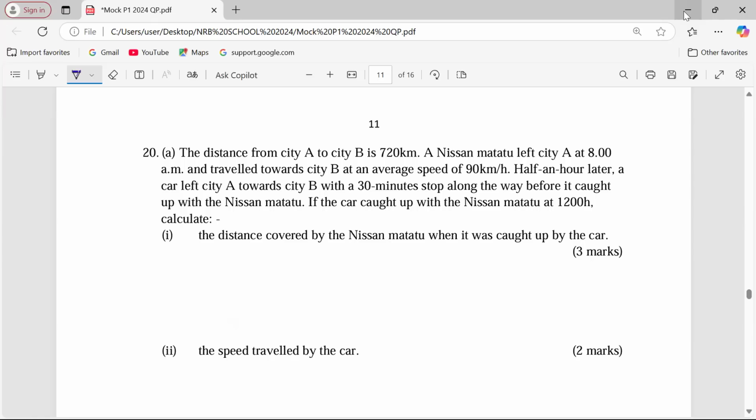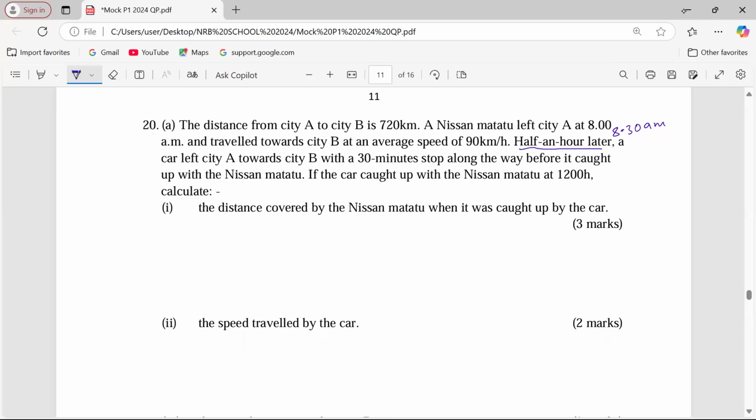Half an hour later, that is at 8:30, because half an hour means 30 minutes, a car left city A towards city B with a 30 minute stop along the way before it caught up with the Nissan Matatu.